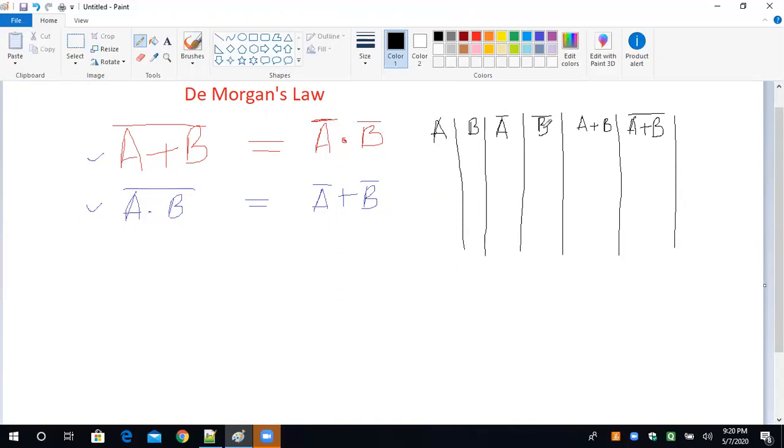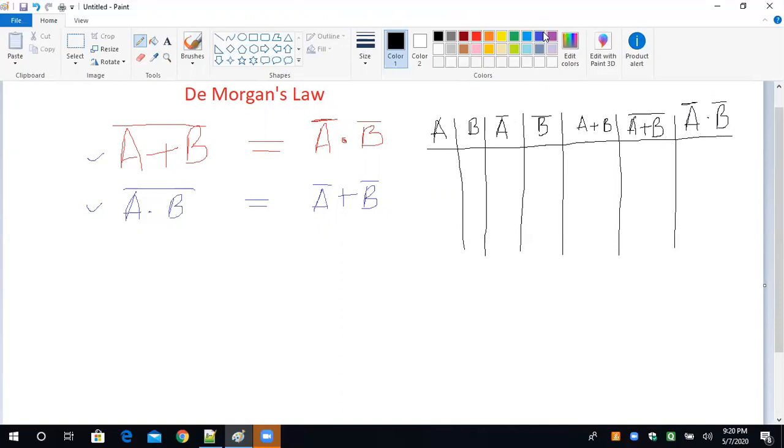A bar, B bar individually we have, but A bar dot B bar we don't have. So just a moment. A bar dot B bar. Understand? So these two terms are very important, A plus B whole bar and A bar dot B bar. These two terms are very important in this truth table.